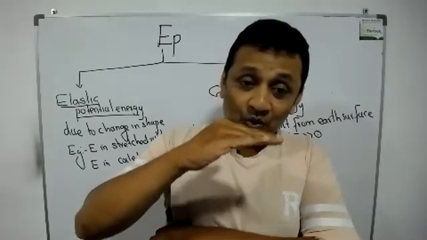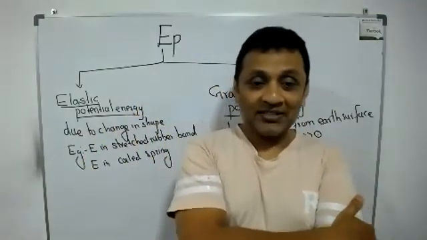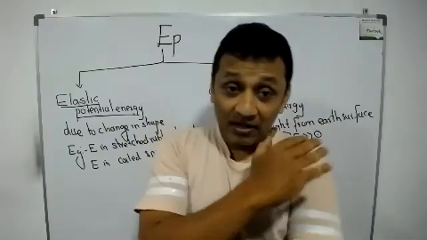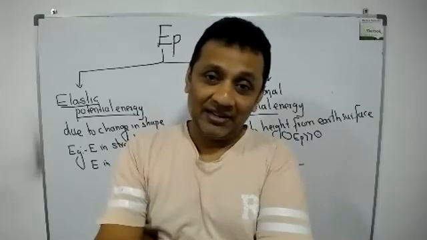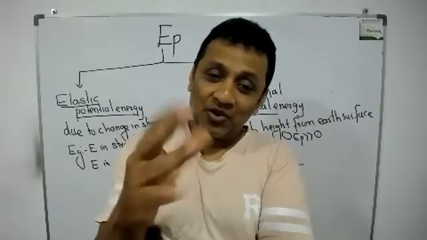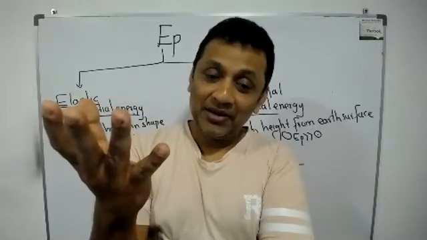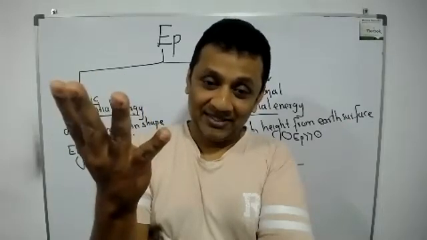If you go to taller places, now say one person stands on the first floor of a building, another person stands on the second floor of the building. Who has more potential energy? Namira, can you answer me? Who has more potential energy?